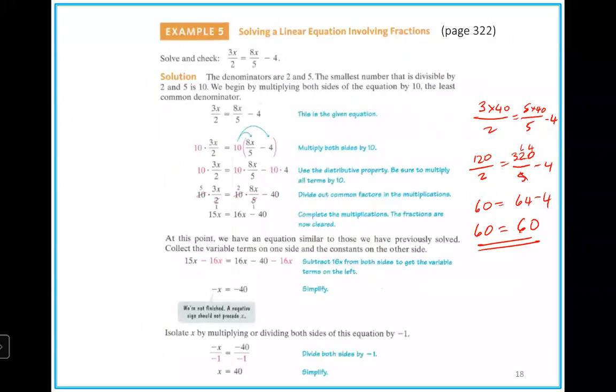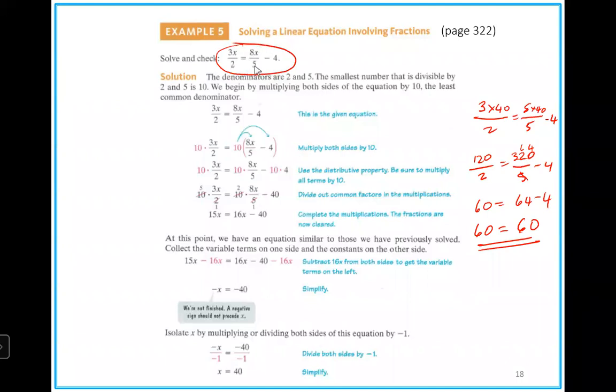This equation, even though it has fractions, the right-hand side has a fraction and a constant. So the right-hand side is not fully a fraction.